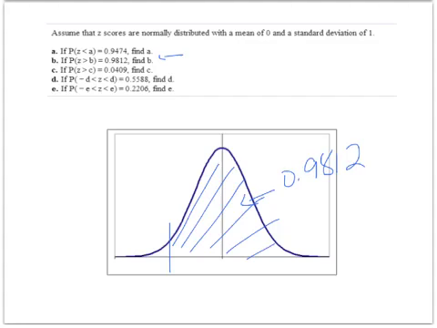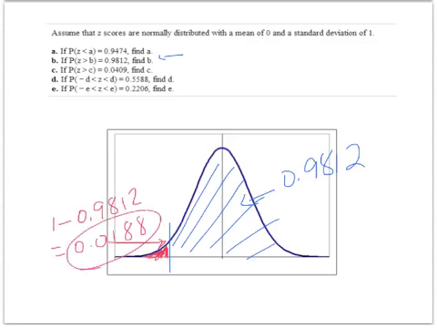The problem with your table is it gives you this area right here. So what you have to do is, you remember, all probabilities add up to 1. You just simply take 1 minus this 0.9812, and you should get 0.0188, and that's the value you're looking up for the z-score in the table.